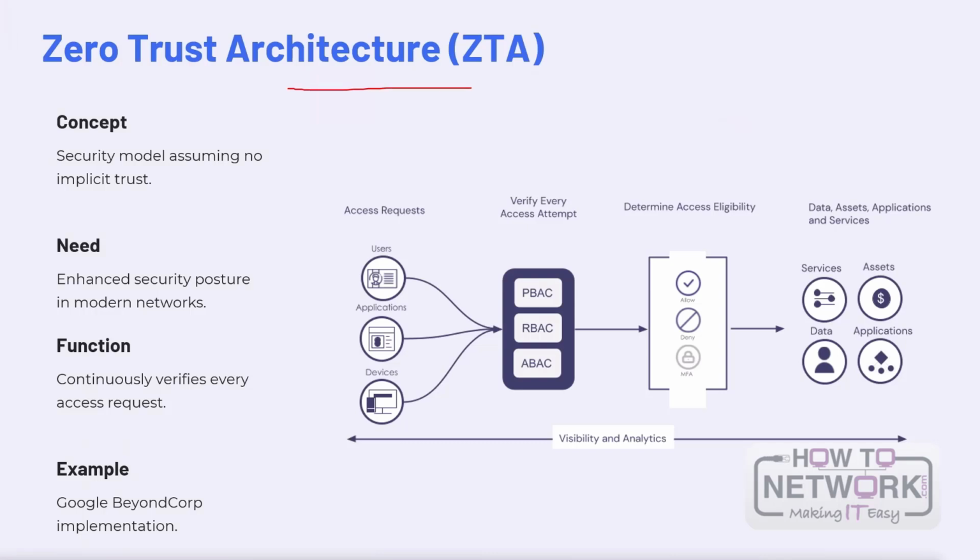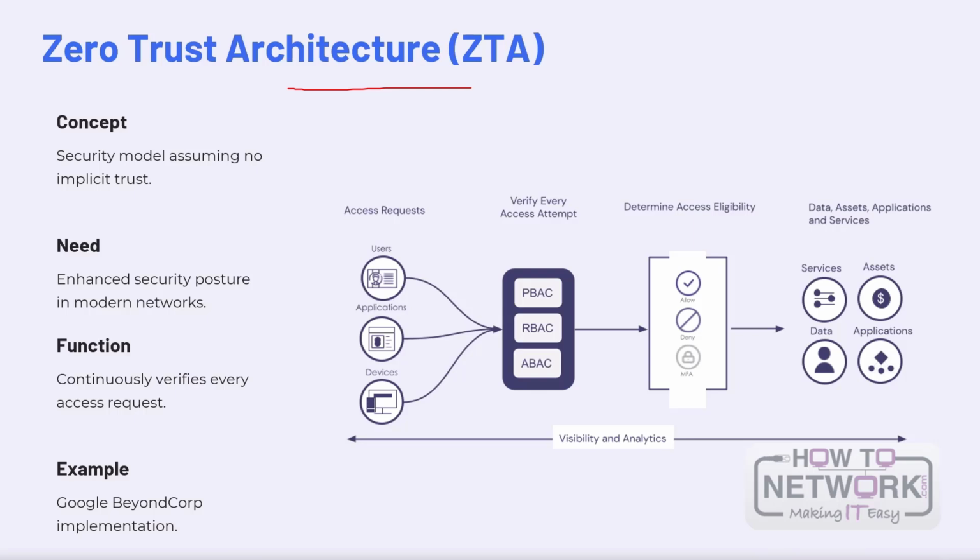So zero trust architecture. It's a security model that assumes no implicit trust for any user, device, or application, regardless of its location on the network. This approach shifts the security paradigm from perimeter-based security to a more granular and context-aware approach. So ZTA continuously verifies every access request, regardless of the source, before granting access to network resources.